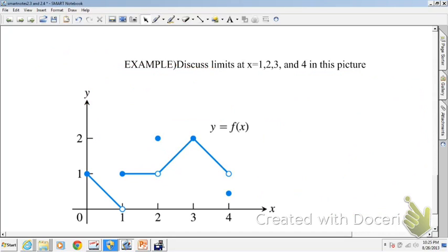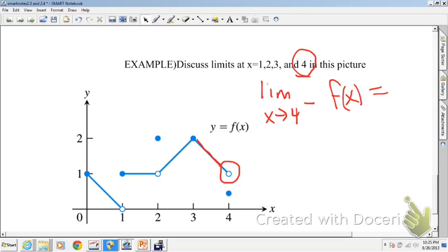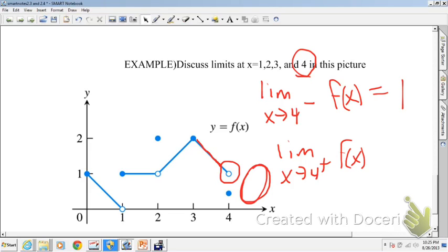I'm going to do one more with you here, just with regard to this picture. Let's play with 4. So let's look at the limit as x approaches 4 from the left of this function. I'm coming in towards 4 from the left, and my functional values are tending towards 1. How about the right-hand limit, the limit as x approaches 4 from the right? The function, out here in Never Never Land on the other side of 4, doesn't even exist.